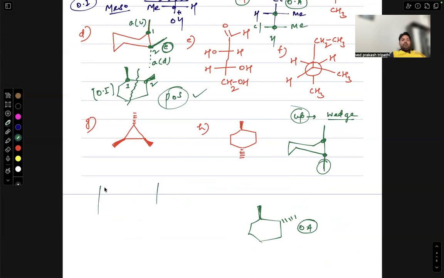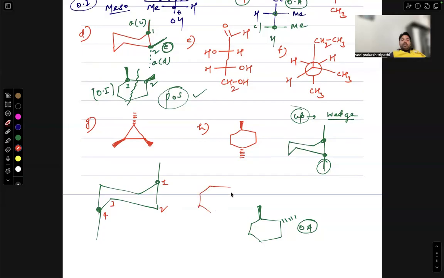What about this one? Optically active or inactive? Okay, how many chiral centers here? Look at here. It's super simple. This is 1, this is 2, this is 3, this is 4.